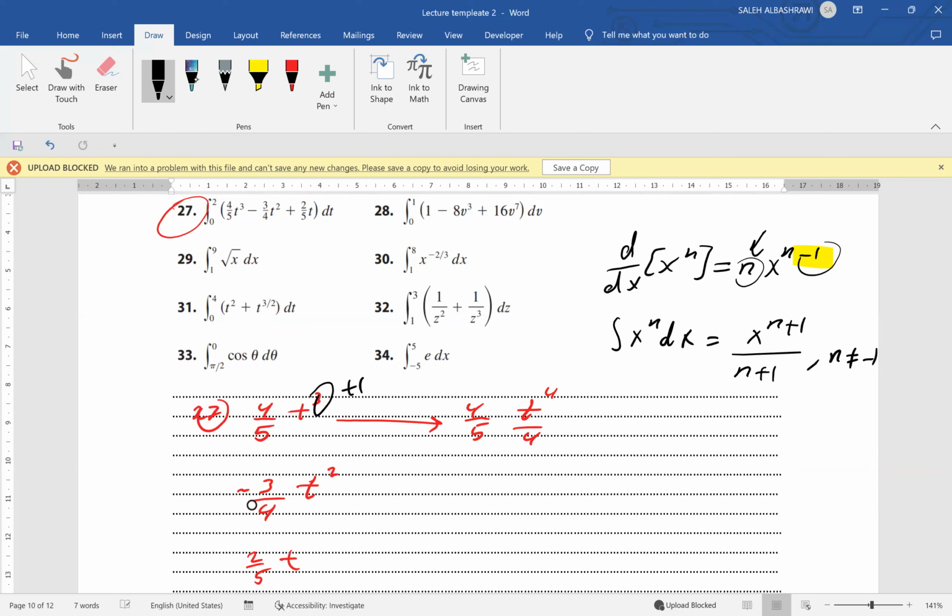So 3 plus 1 is equal to 4 and we divide by 4. This can be simplified as 4 will cancel 4, so it is 1 over 5 t to power 4. So this will be my capital F, or the original function, or the antiderivative, or F of t, not x.